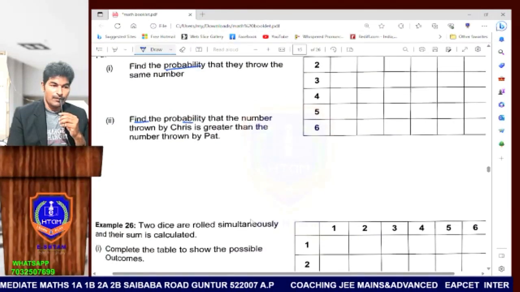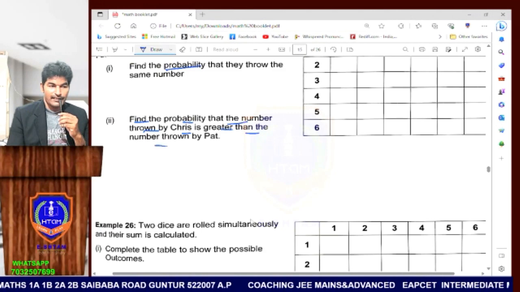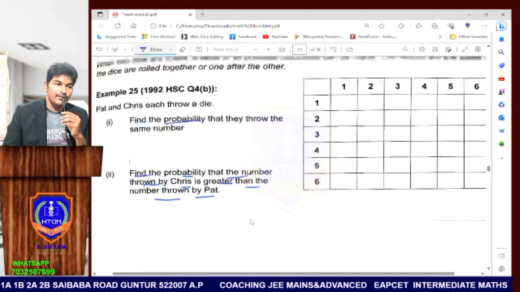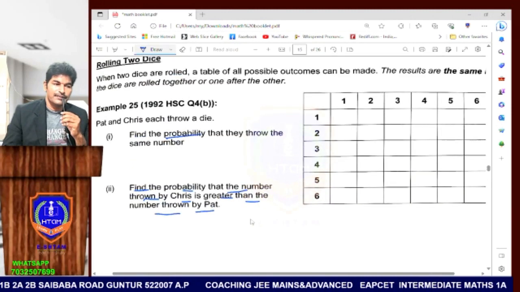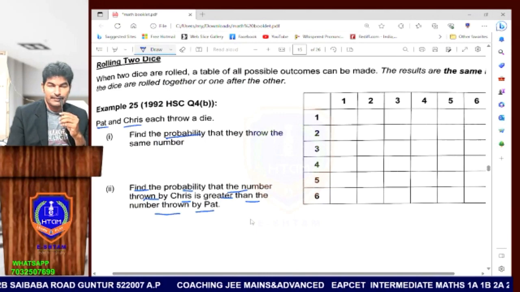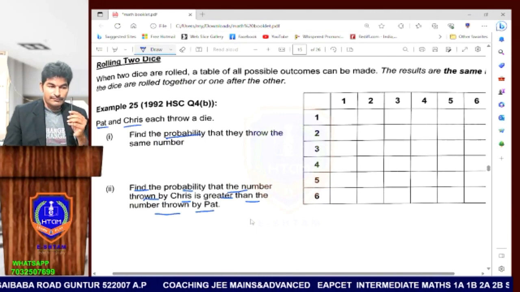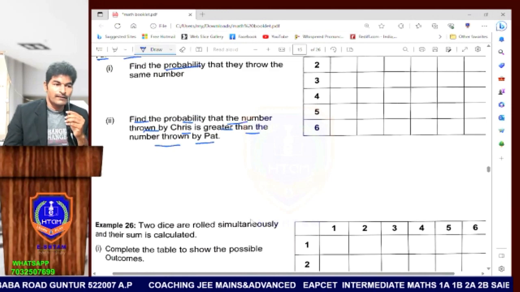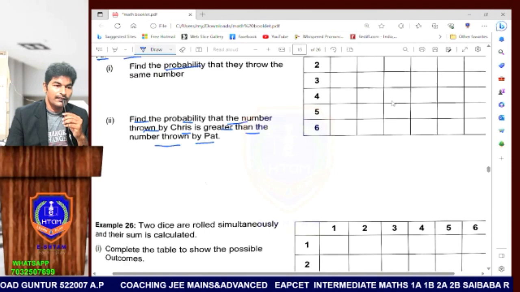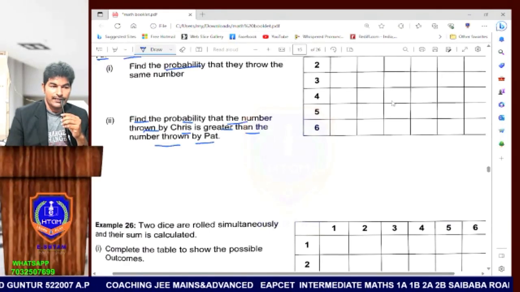Next, find the probability that the number thrown by Chris is greater than the number thrown by Pat. Who is throwing first? He mentioned Pat and Chris. Pat is throwing a number first and Chris will be the second throw.